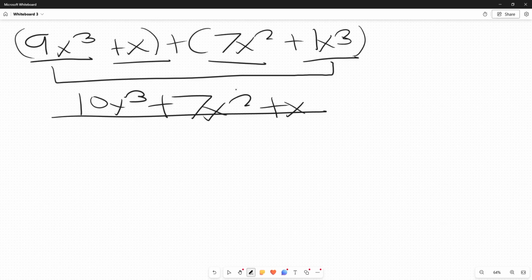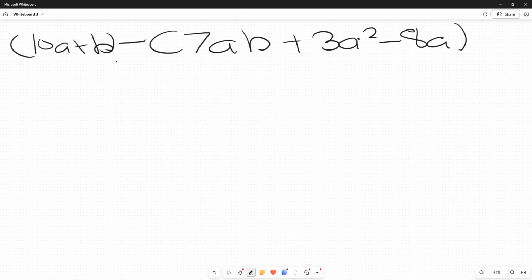That's your final answer. So in this problem, we are given one binomial and one trinomial, and in order to solve this, you need to also watch out for the negative sign outside of the parentheses. You can pause the video and solve it on your own. So yeah, let's solve it.